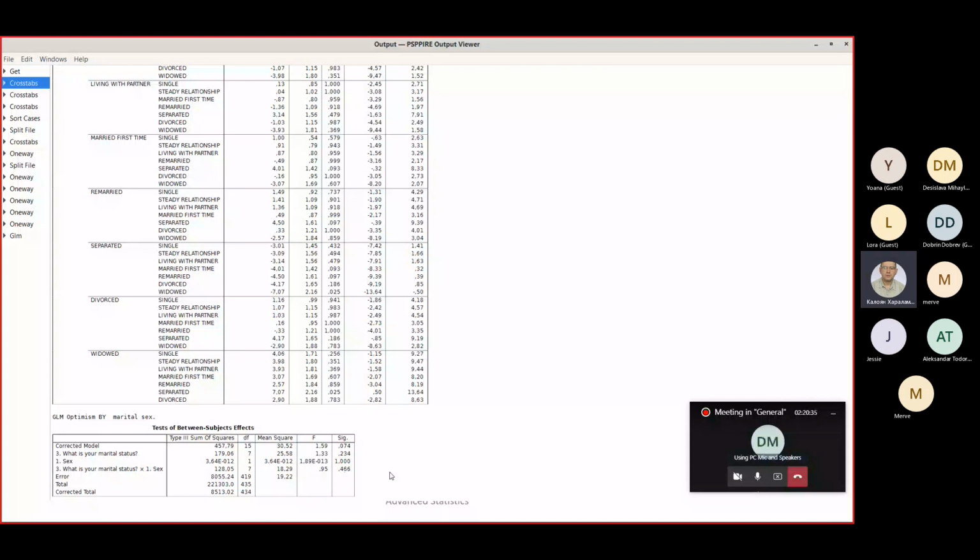This is larger than 5%. That means that we must accept the null hypothesis, and that means that there is no interaction between factors.